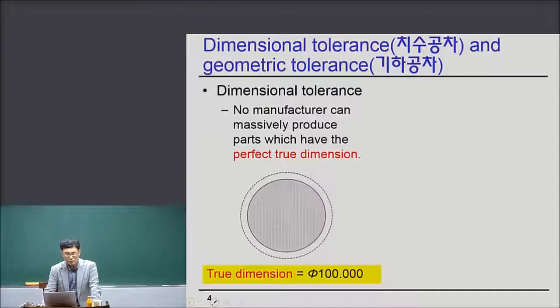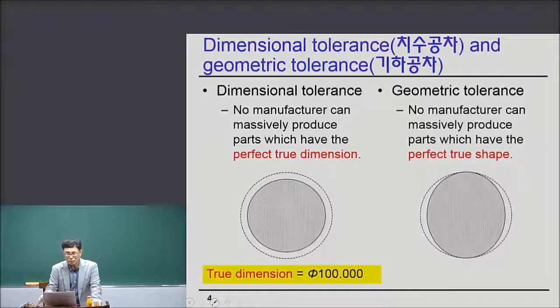Mass production of the true dimension is actually impossible. So anyway, you have to assign some allowable range, which means dimensional tolerance.